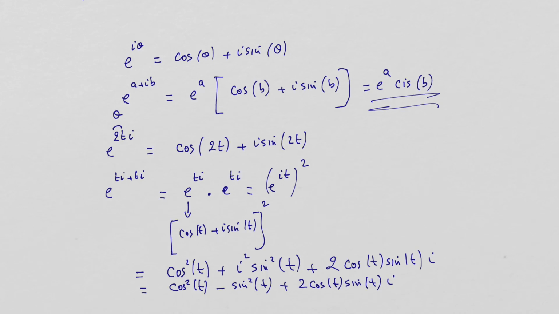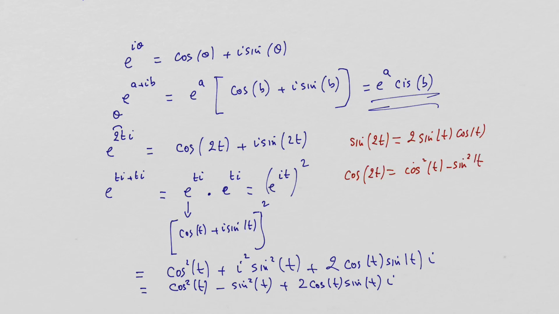And this is beautiful. What it tells me is something you learned a long time ago. Sine of 2t is twice sine t cosine t. That's one of the formulas we learned in the basic pre-calc course. You also learned that cosine 2t, which can be written in 3 ways, one of which was cosine squared t minus sine squared t.